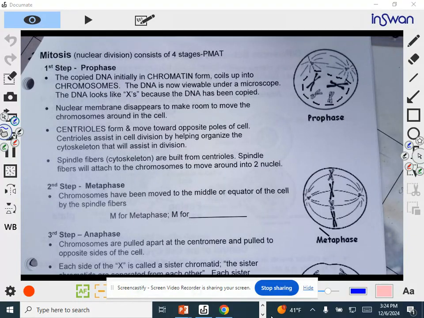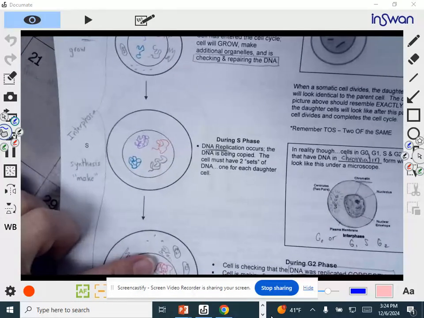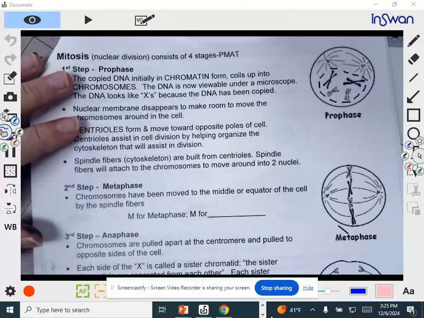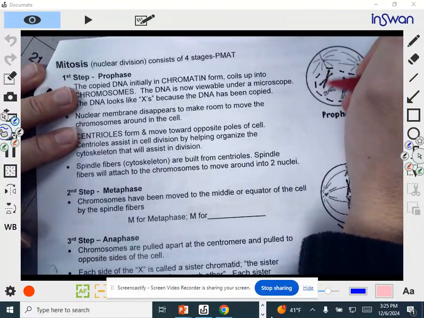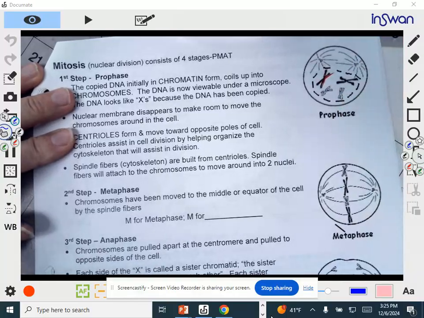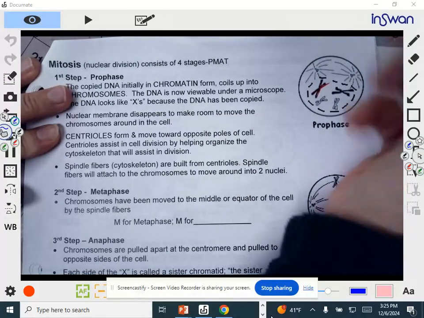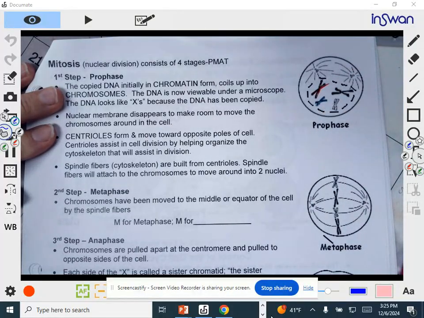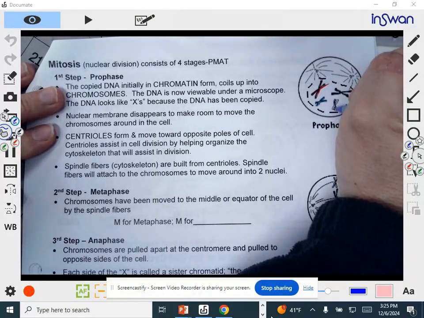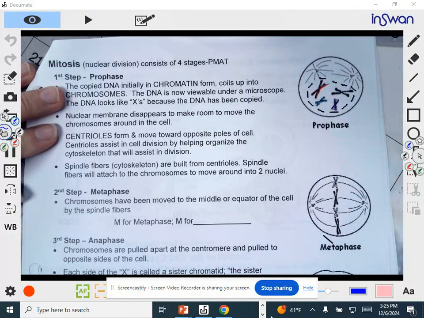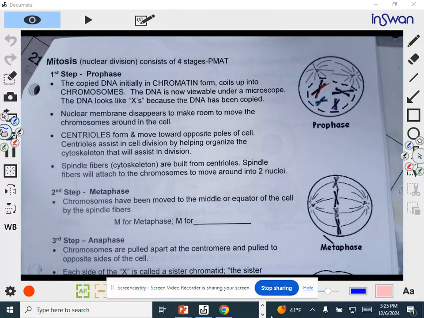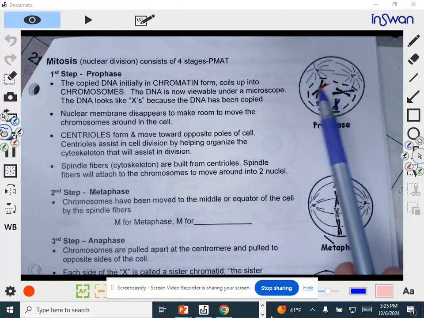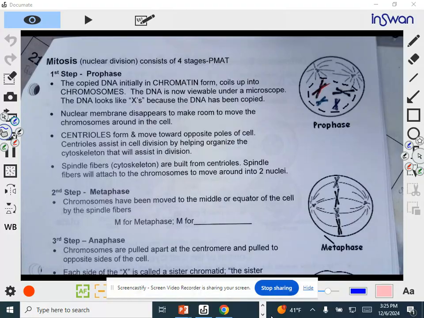So that pile of red chromatin is going to condense, and now it looks like a red X. And the pile of blue is going to condense into a blue X, and so on. So our DNA is going to coil up into chromosome form, and we can see it for the first time because it's much thicker now when it's in chromosome form.